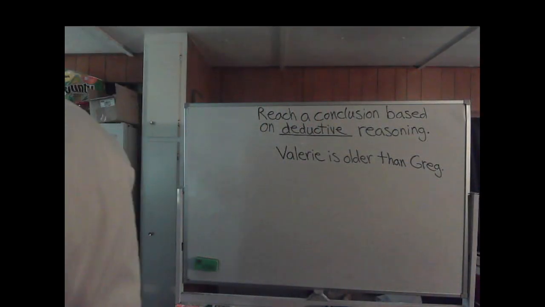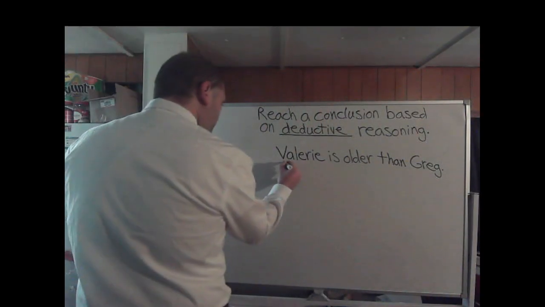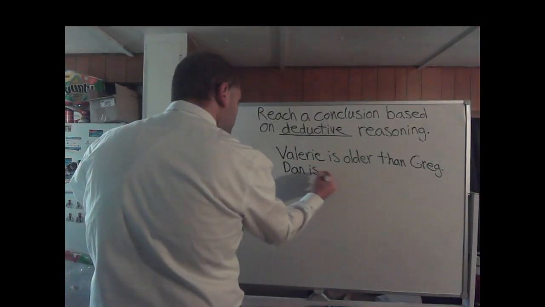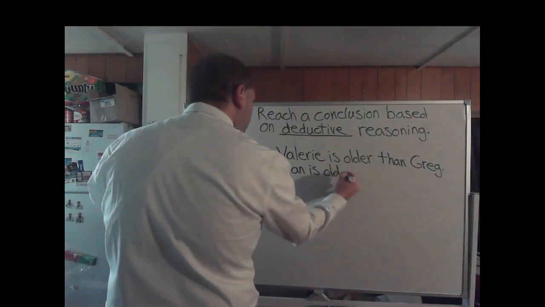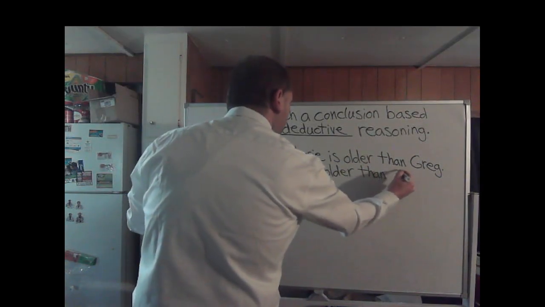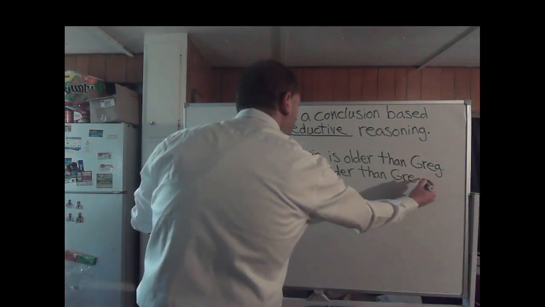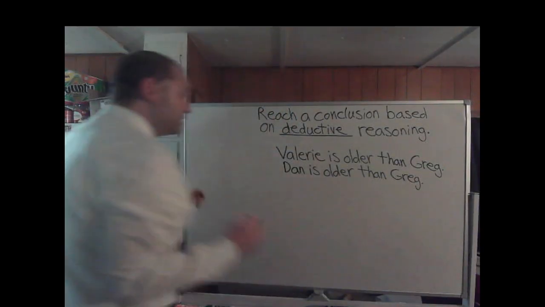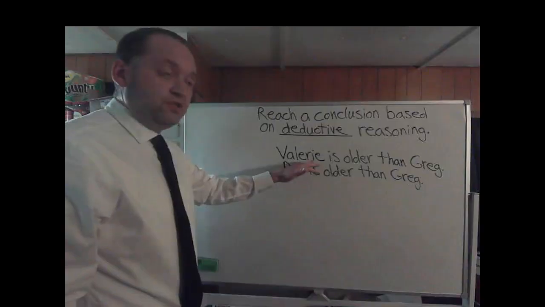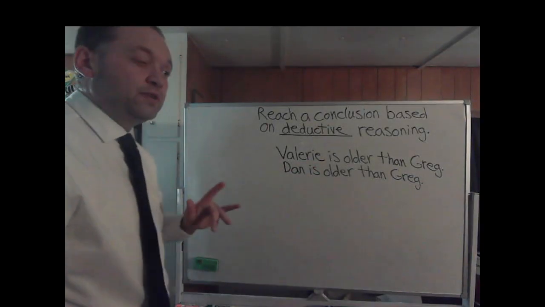We can accept that as true. Then we're given something like Dan is older than Greg. So what conclusion can we come up with these 2 statements based on deductive reasoning?